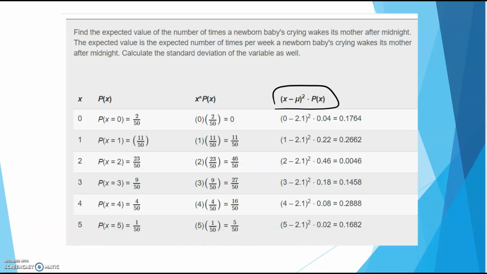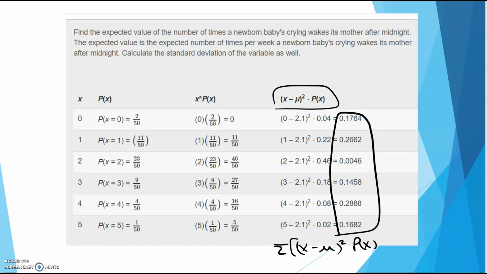X minus mu squared times the probability of x. So I need to take all of these values right here, add them all up. So that would give me summation of x minus mu squared times probability of x. Once I added all of them up, that'd be 1.05. But I can't stop right there because this is actually the formula for variance and we want standard deviation.